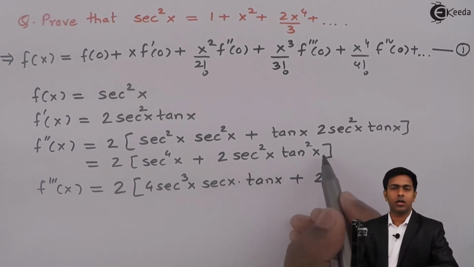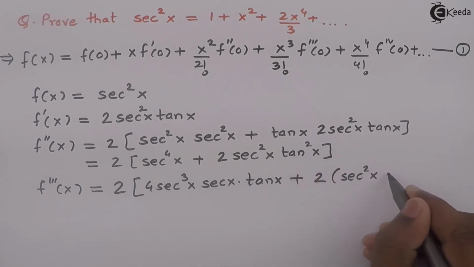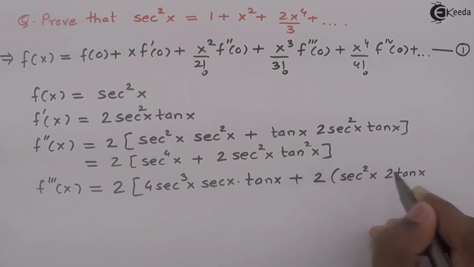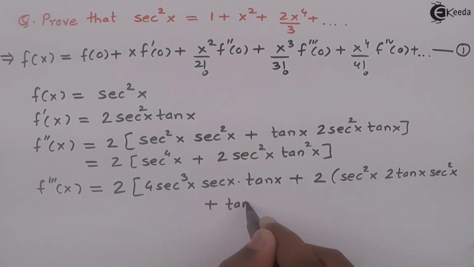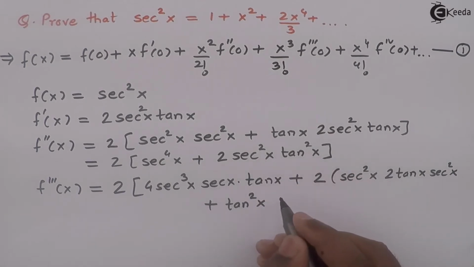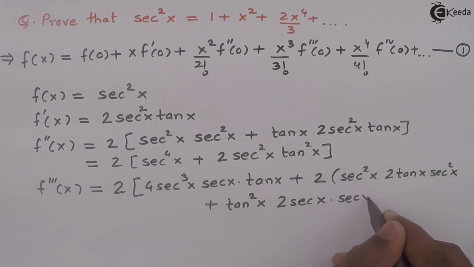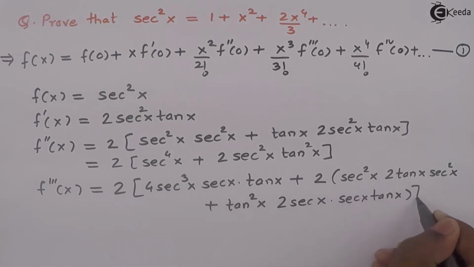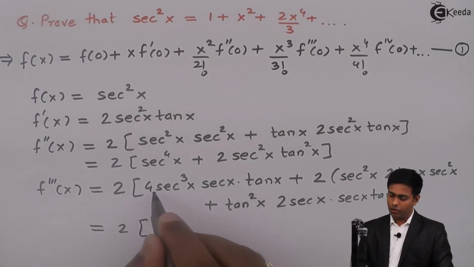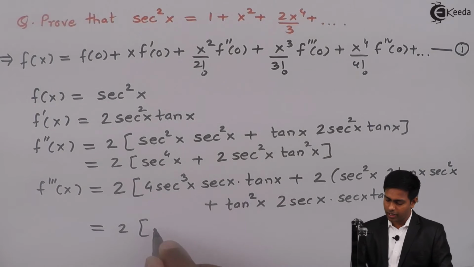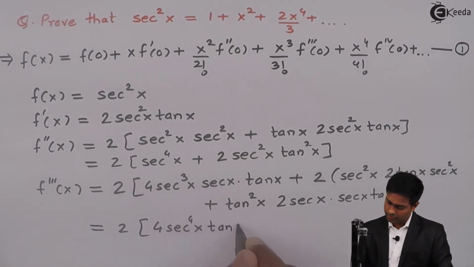Now here we'll apply the product rule, we will get sec square x as it is, the derivative of tan square x is 2 tan x and the derivative of tan x is sec square x, plus tan square x as it is, and the derivative of sec square x is 2 sec x into sec x into tan x. Now after simplifying these terms, here we'll get 4 times sec raised to 4x into tan x.